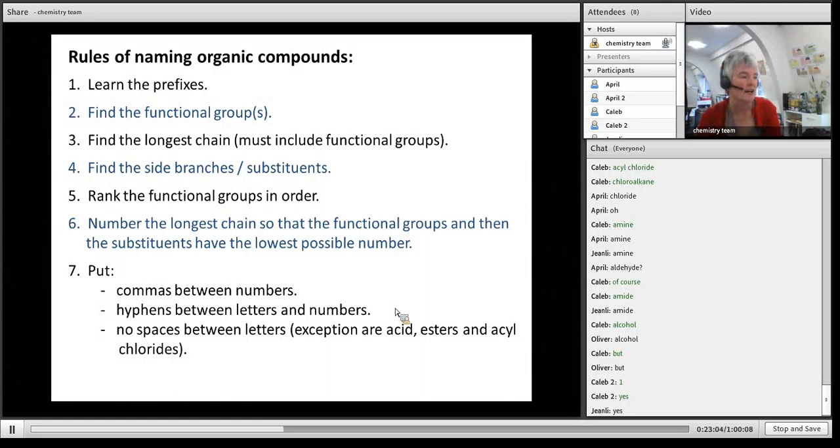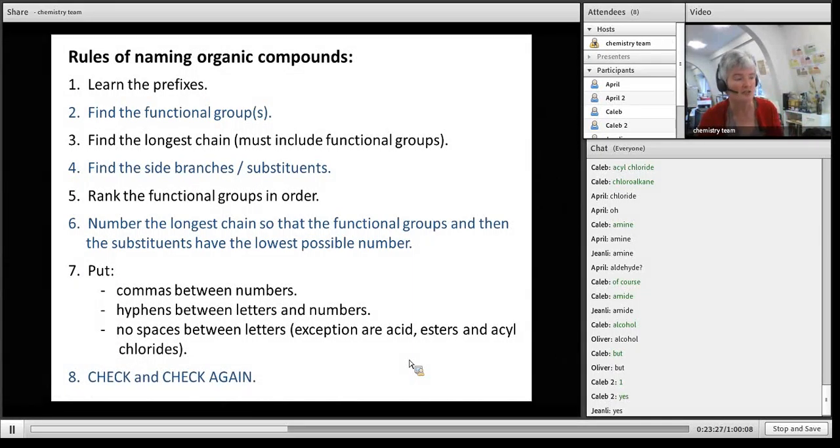And then I have no spaces between the letters, apart from those exceptions you saw under those carboxylic acid derivatives. The acyl space chloride, the ester, there's a space on there, and the carboxylic acid, there's a space. So I know this is a lot to take in, but the key thing is to check and check and check again.